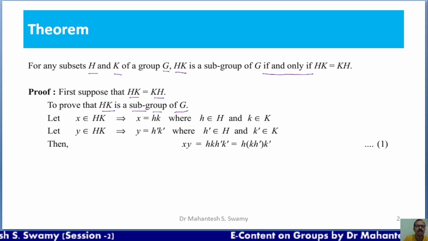In order to prove that HK is a subgroup of G, we have to use one of the previous theorems, either the first theorem or the second theorem. Here we have used the second theorem.